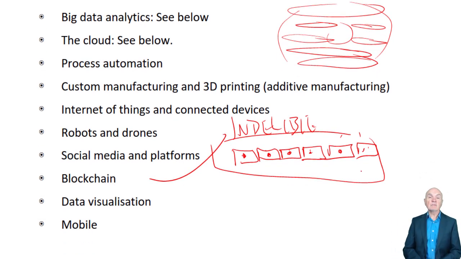Data visualization. With more and more data available, the problem is we can't make sense of it. So data visualization is the art form, almost, of creating graphs and charts and diagrams which communicate the data properly to us. A data visualization or graph could be static, or it could be movable.